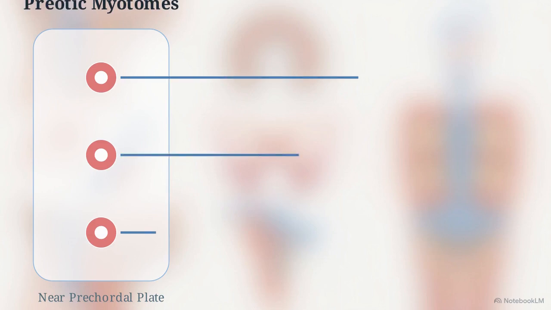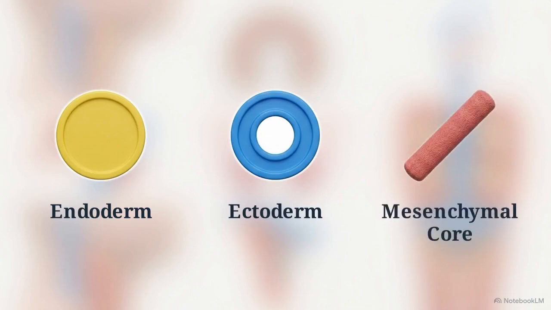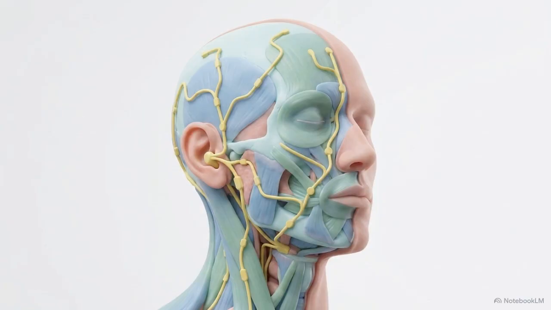Because of this distinct origin, each myotome brings its own specific nerve supply: cranial nerves 3, 4, and 6. Identifying whether a specific tissue stems from the endoderm, the ectoderm, or the mesenchymal core provides the only reliable roadmap for predicting its final anatomical destination and its lifelong nerve supply.